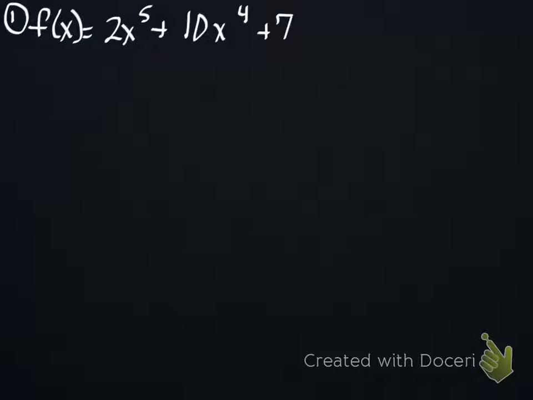So problem 1, we have f of x is equal to 2x to the 5th plus 10x to the 4th plus 7x cubed plus 35x squared minus 4x minus 20.